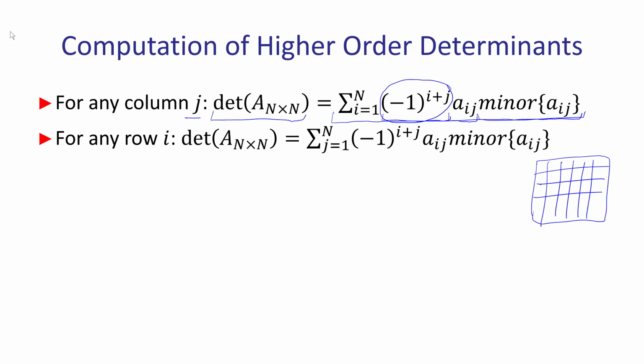So it will look like that. It will be always plus here, because it's i1 and j1, so 1 plus 1 will be 2, minus 1 to the power of 2 will be plus 1, and then location 1, 2 will be negative, because this will be 1 plus 2, and then again positive, negative, positive, negative, and so on.